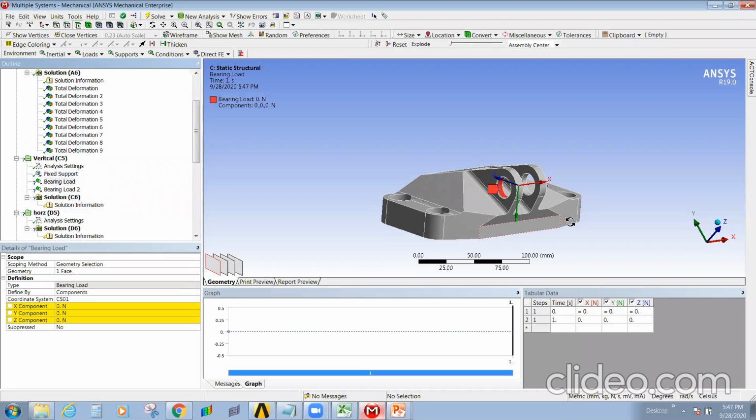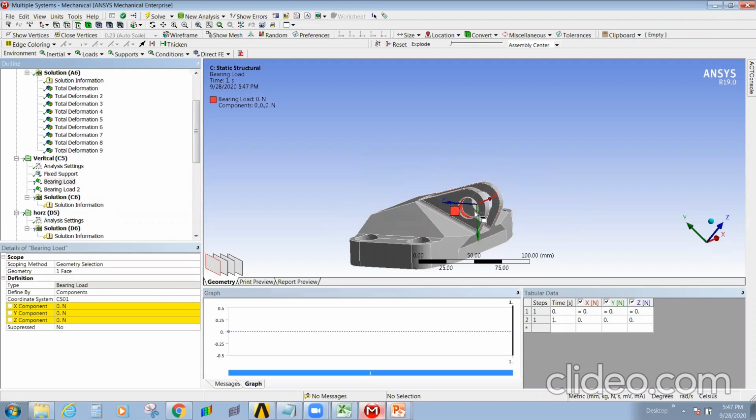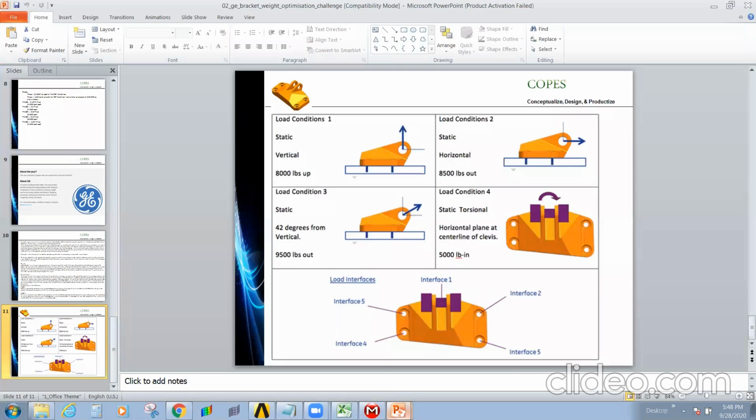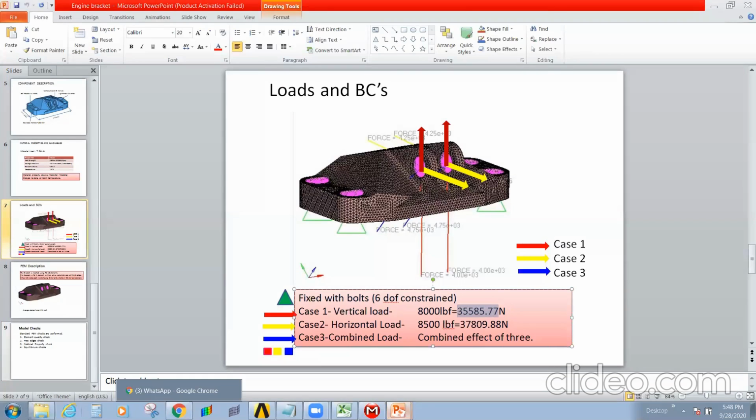So for the vertical case, I'll be applying my load in the negative y direction because it is vertical above. What is the value to apply? It will be 8000 lbs. Convert that 8000 lbs to Newtons: 355,857.